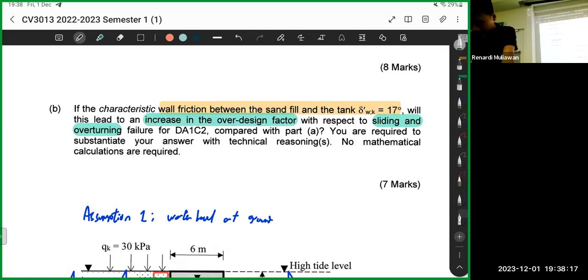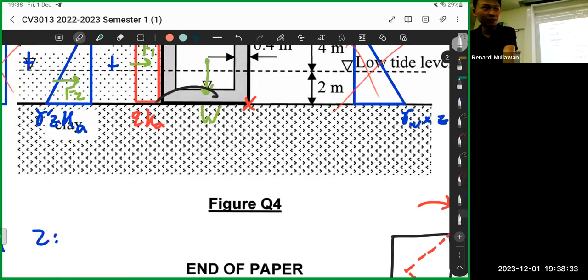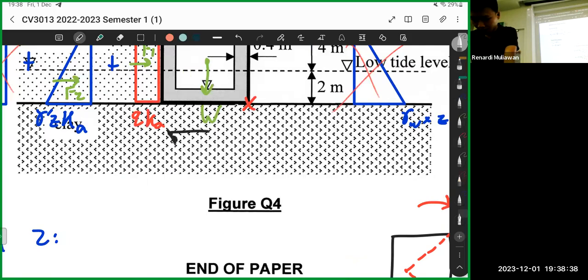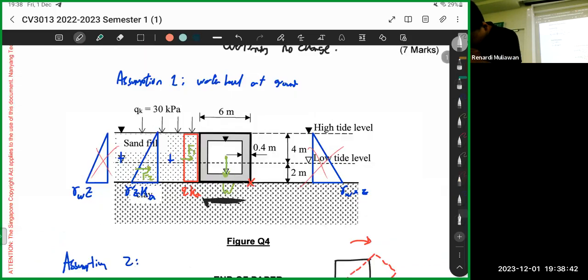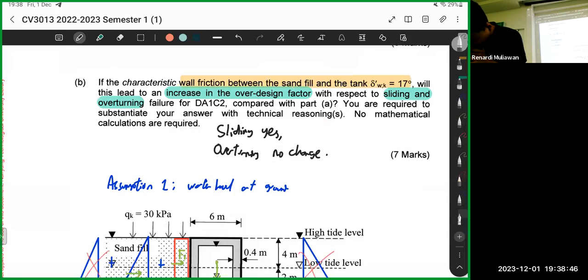So sliding, yes. Overturning, same. No change, no change. The logic is, remember that the bottom of the wall, right? Sorry, this one is what? Wall friction between sand fill and the tank.